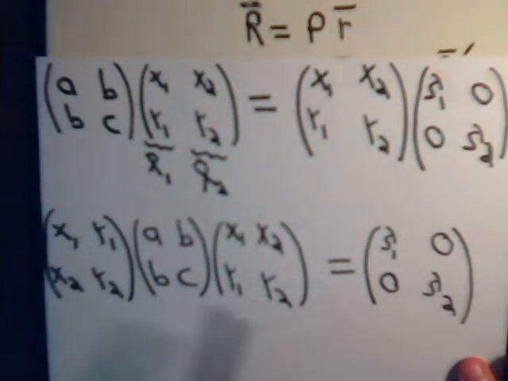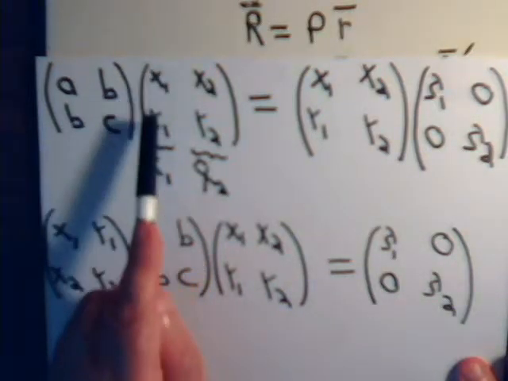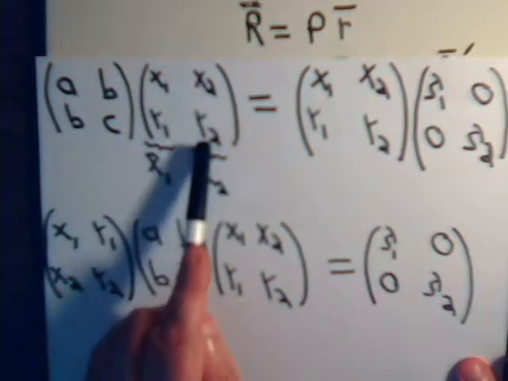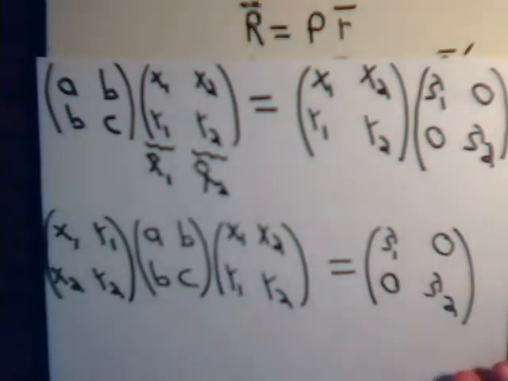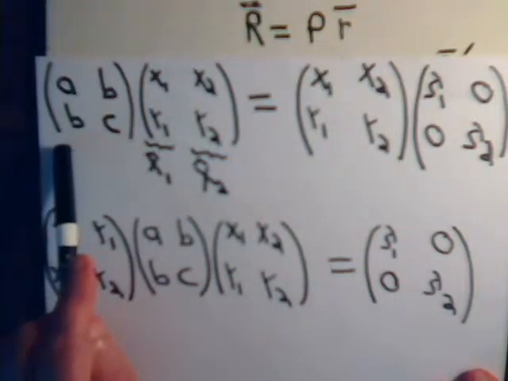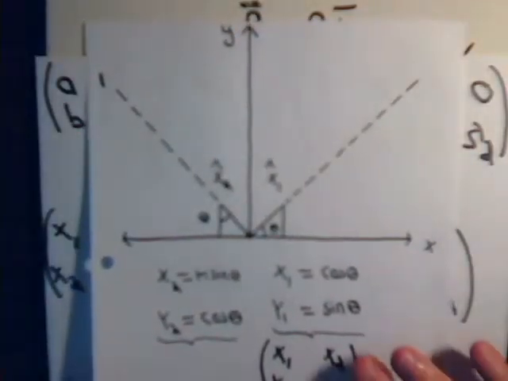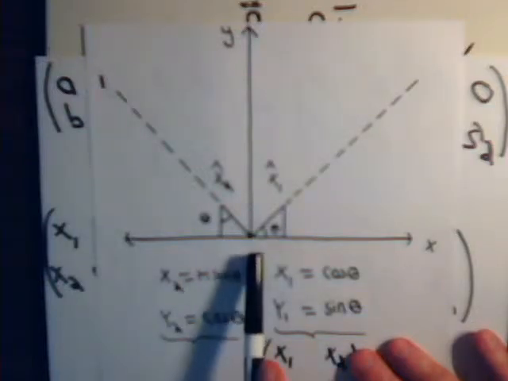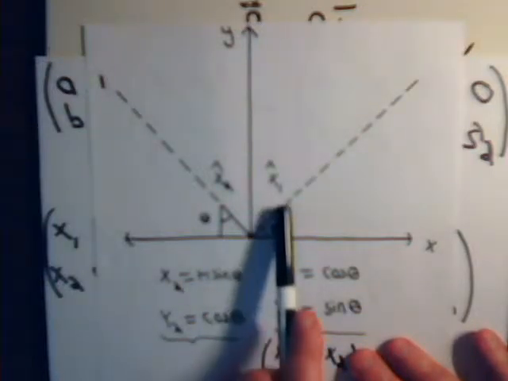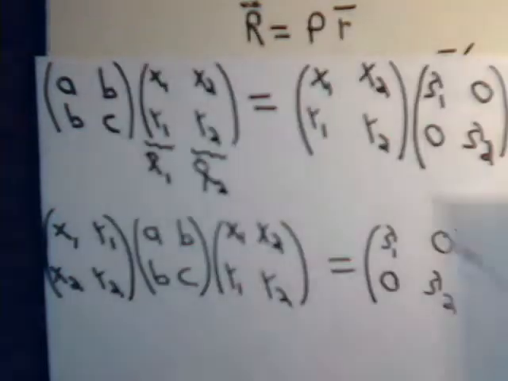So this is symmetric. Here are its eigenvectors, x1 and x2, with components x1, y1 and x2, y2. These eigenvectors are orthogonal because this matrix is symmetric. So it might look something like this: this is x1, perpendicular to it is eigenvector x2.